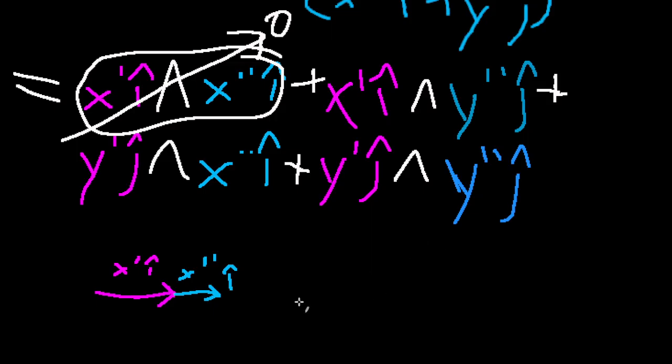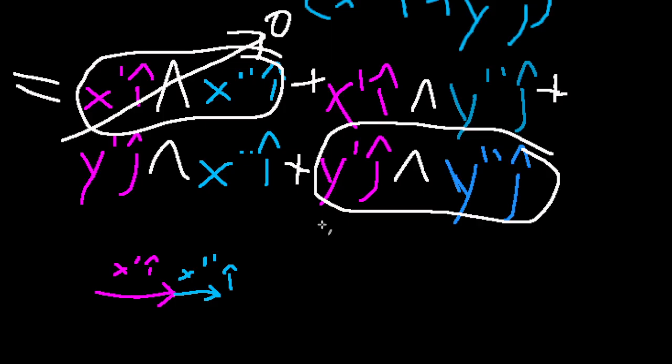And now if you repeat similar logic for y prime j hat wedge y double prime j hat, these two vectors are also parallel. They point in the y direction. So both of these are also 0. So already we've eliminated two of the terms, and now we just have to worry about these two.